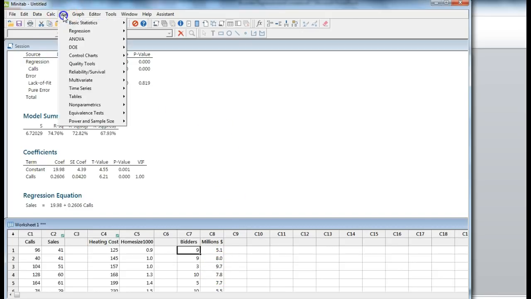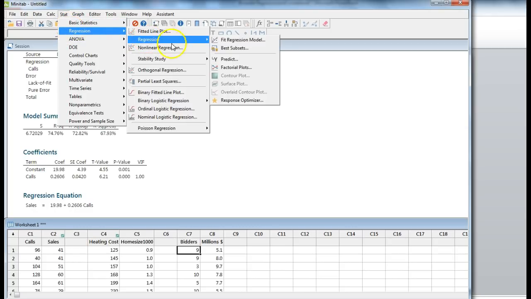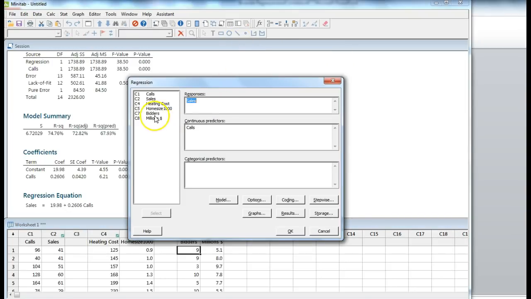So we're going to go Stat, Regression, Fit Regression Model for bidders in millions. Do you think that the number of bidders affects the project price, or do you think that the project price affects the bidders? They're all very similar projects.